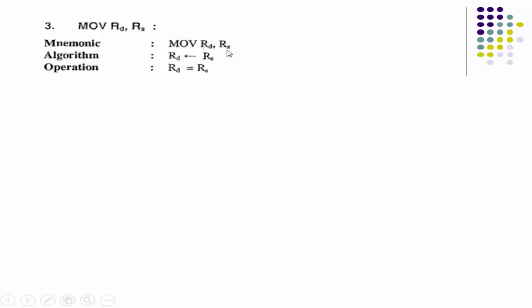RD and RS are the general purpose 8-bit registers, like accumulator, B, C, D, E, H. After the execution of this move instruction, the source register content gets copied in the destination.